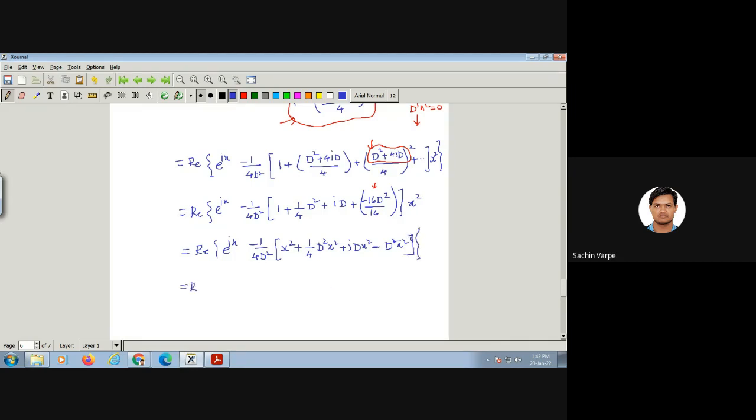So that is real part of e raised to ix -1/4d² into x², ये कितना होगा? d² of x² is 2 ना, 2/4 is 1/2. हाँ, plus i d of x² is 2x, and here minus d² of x² is -2.